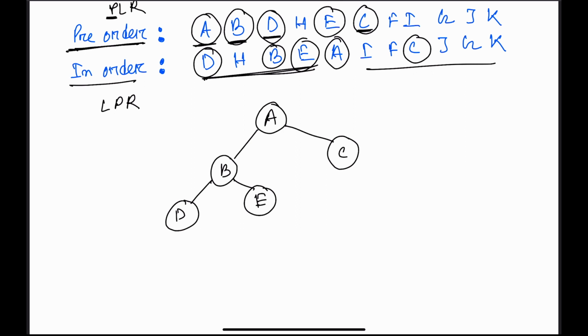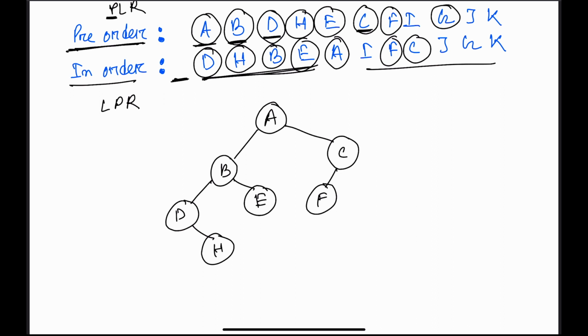And after D there is H, and here also there is H. As H is on the right side of D, obviously this is the right child. Correct? In case of C, obviously F would be on the left, as F is here also, and for J, G, K, obviously G would be the root. Then from this we can find J is here and K is here.